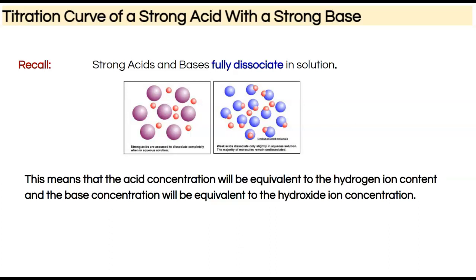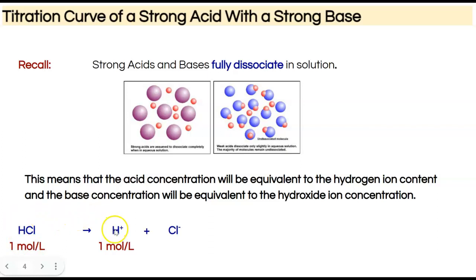What that means for us is that the acid concentration will essentially be the same as our hydrogen ion concentration in solution, and the base concentration will be equivalent to the hydroxide ion concentration. Maybe this visual will help. HCl is a key example of a strong acid.